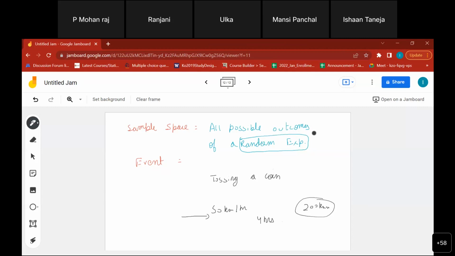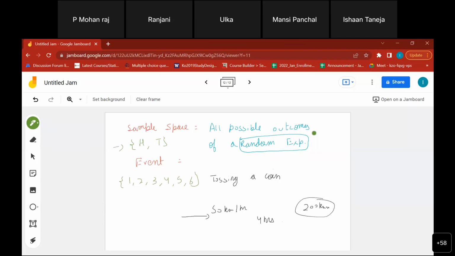We don't know the exact outcome, but we know that it's going to be something within a certain set. Suppose I'm tossing a coin, I don't know the exact outcome, but I know it would be either head or tail, right? If I'm rolling a die, I don't know the exact outcome, but I know it's going to be any of these numbers, right? Is it clear?